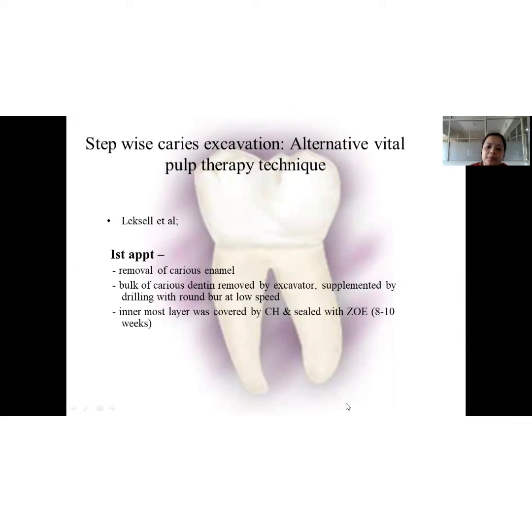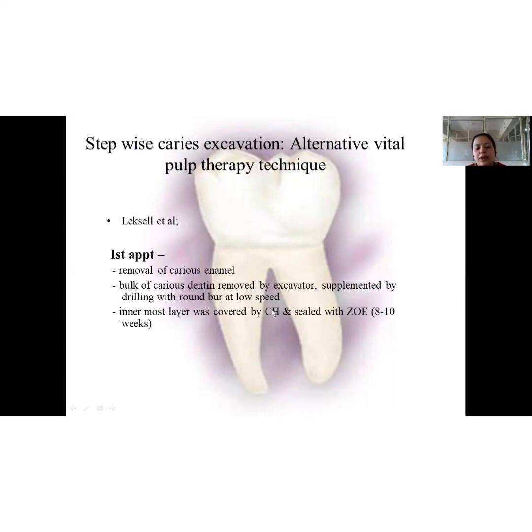Now after direct capping, nowadays there is stepwise caries excavation. That is an alternative vital pulp therapy technique. We excavate the caries step by step. First, we remove the carious enamel. The bulk of carious dentine is removed by excavator, supplemented by drilling with a round bur at low speed.